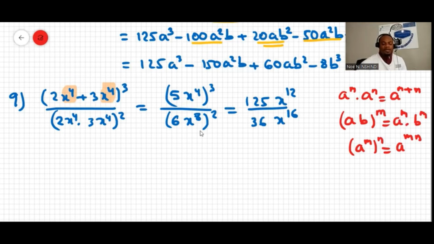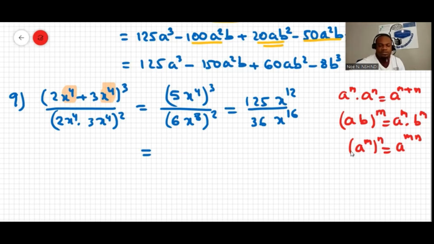Now, we can simplify this further. We can just write 125 over 36, and then multiply by x to the 12 over x to the 16. Can we simplify by 3?